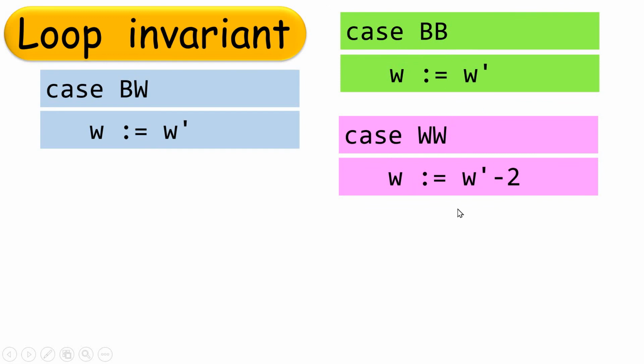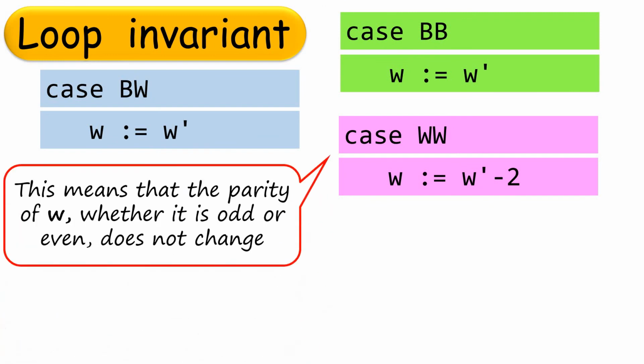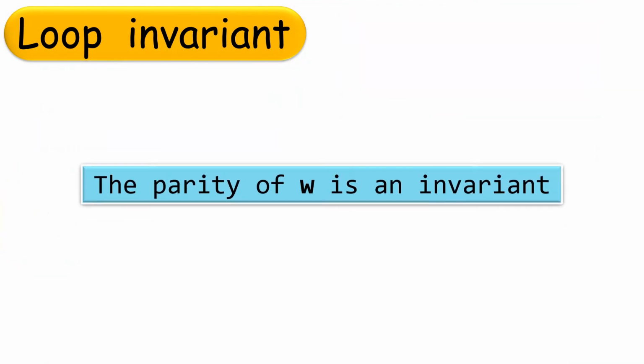But in case WW, it decreases by 2. This means that the parity of W, whether it is odd or even, does not change. Which means initially, if W is even, it will remain to be even for every iteration. And if it was odd, it will remain to be odd for every iteration. Therefore, the parity of W is an invariant.